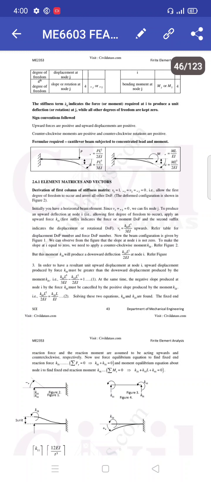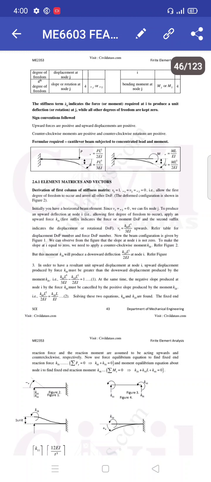At the same time, the negative slope produced at node I by the force K11 must be cancelled by the positive slope produced by the moment K21. So solving the two equations.